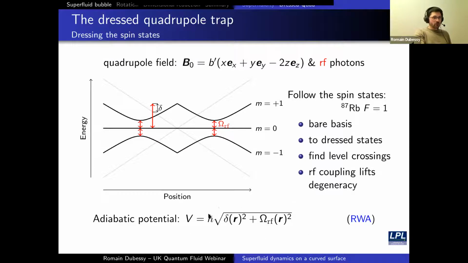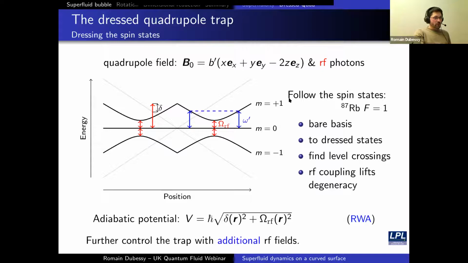That is, the potential depends only on the local detuning between the radio frequency energy and the bare Zeeman state, and also on the radio frequency coupling, so the strength of coupling between the states. That will depend also on space, because the magnetic field orientation is not the same with respect to the radio frequency polarization that we shine onto the atoms.